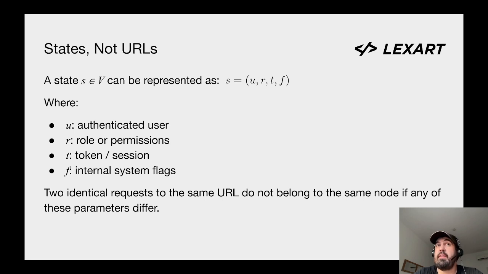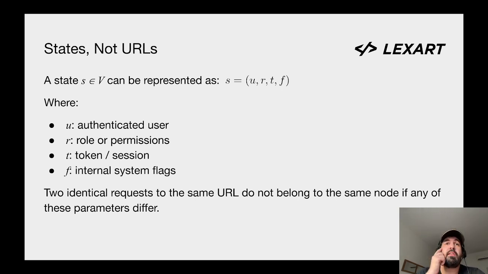A state S belonging to V can be represented as a set U, R, T, F, where U is the authenticated user, R is the role or permission, T is the token and/or session, and F represents the internal system flags.